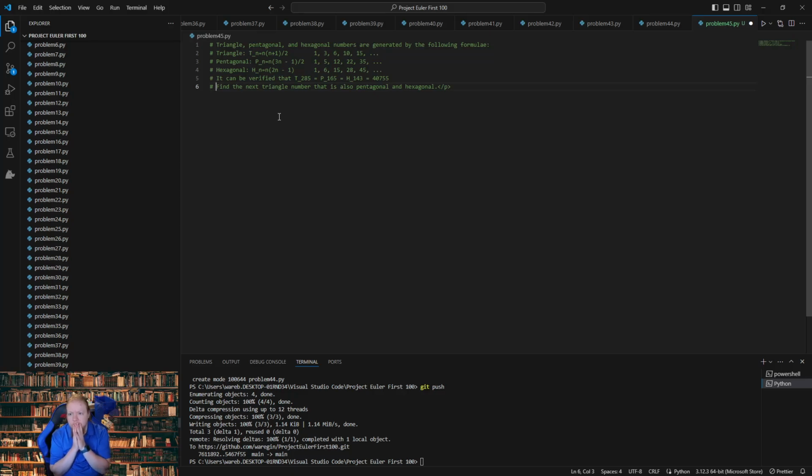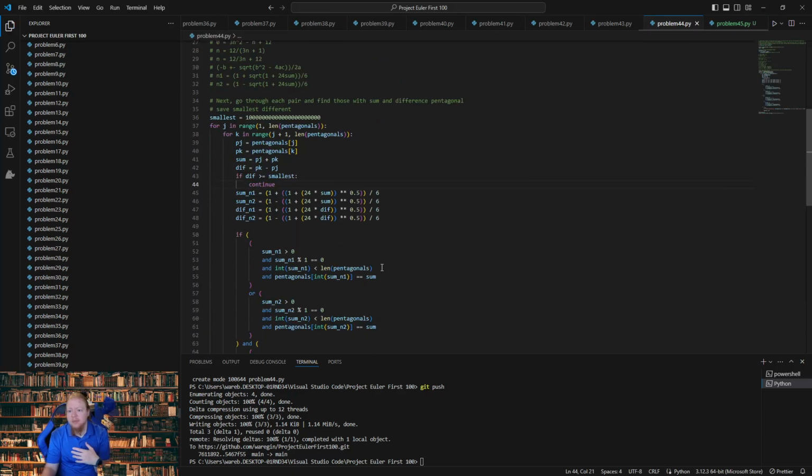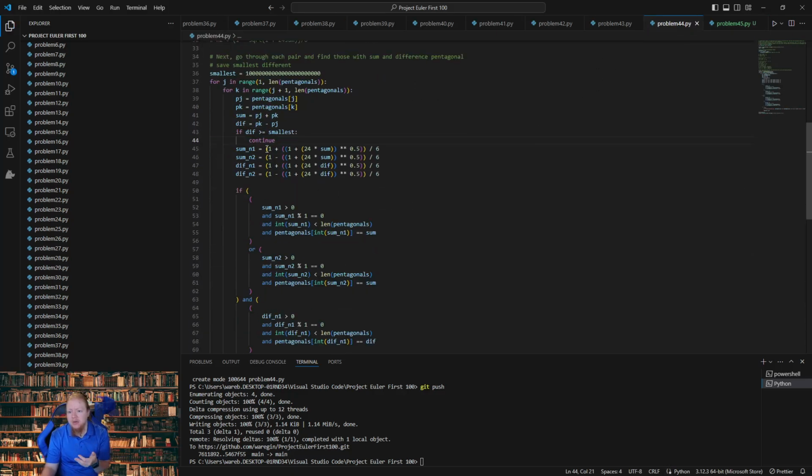Ooh, but we can't quite do that. I was going to say triangle, pentagonal, hexagonal equal, but the n isn't going to be the same, obviously, except for the number 1. So what we need is similar to how we did in the previous problem, where we created a way to find n based on a number.